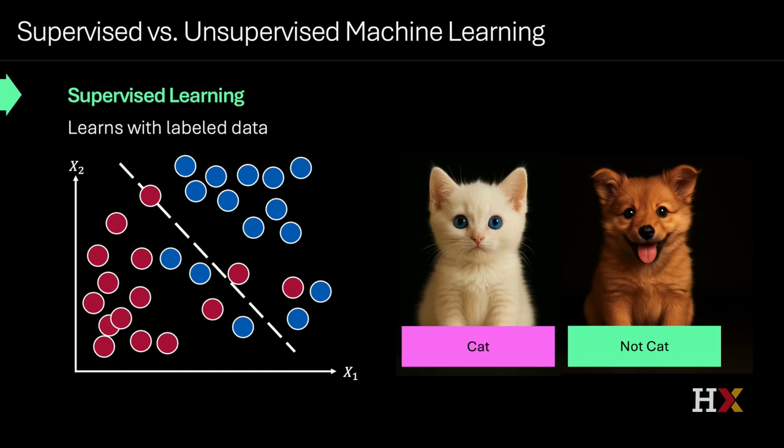Each point is labeled by color, red or blue, which is the target or output. The model's goal is to find a boundary that separates the classes. That dashed line, that's the model. It has learned from examples where the reds tend to be and where the blues tend to be, and tries to draw a line in between.